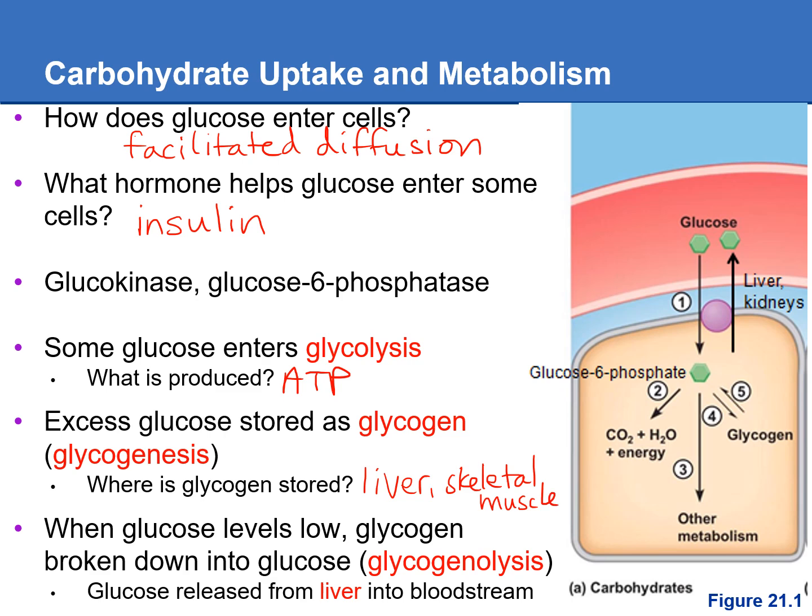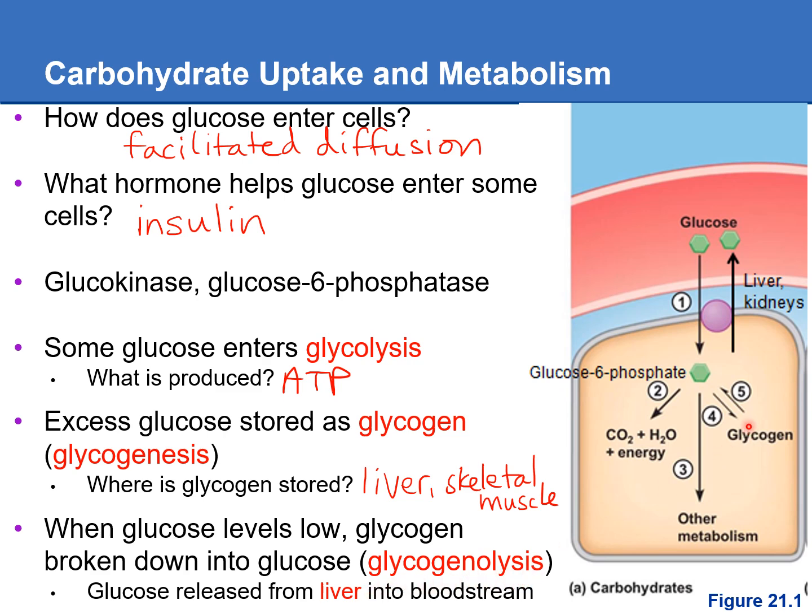And then if it's been a couple hours since you've eaten and blood glucose is running low, you can break down the glycogen and chop the glucoses off. And breaking down the glycogen, that's called glycogenolysis. Because remember, lysis means to break apart or split, and we're breaking apart the glycogen.